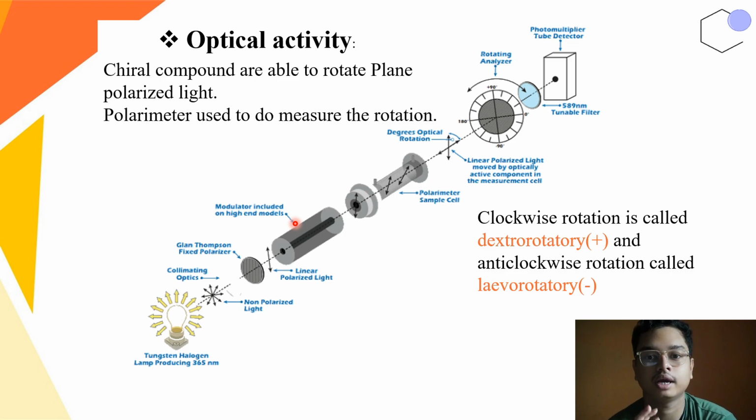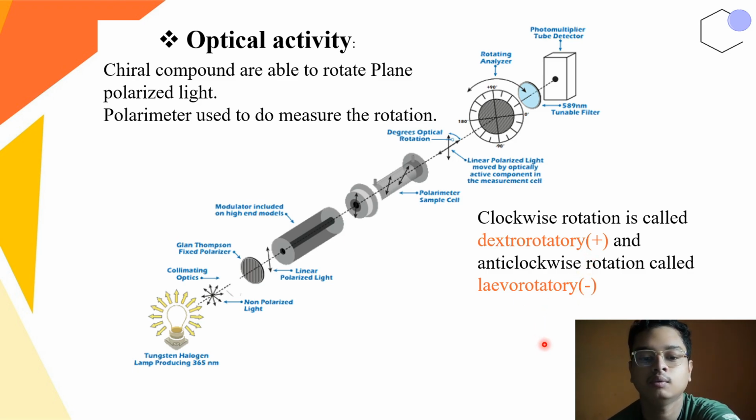Now if a chiral compound rotates the plane polarized light in the clockwise direction, then we say it is a dextrorotatory molecule, and if the plane polarized light is deflected in the anti-clockwise manner while interacting with the chiral compound, then we call it a levorotatory compound.